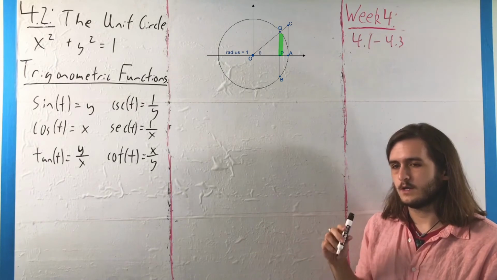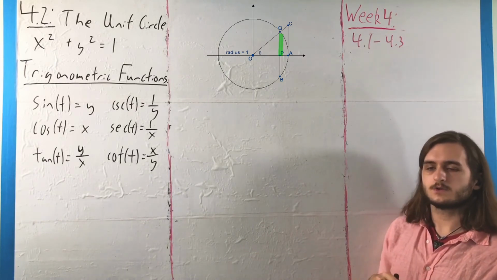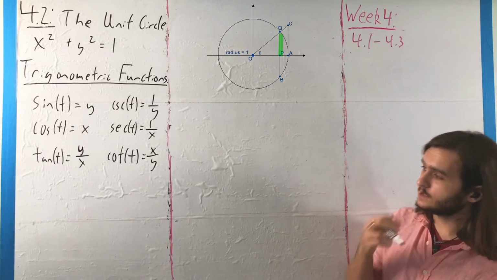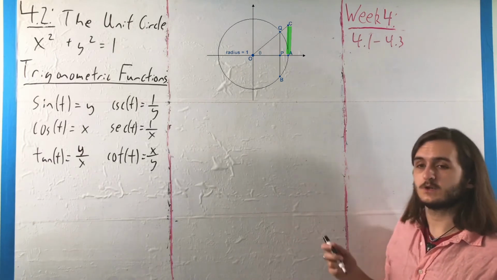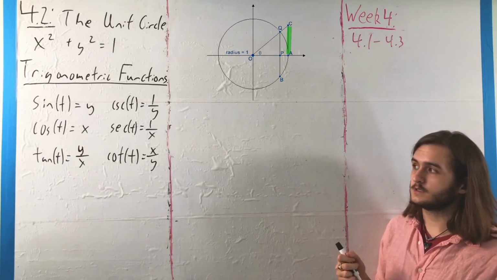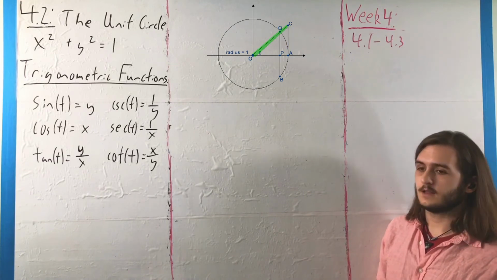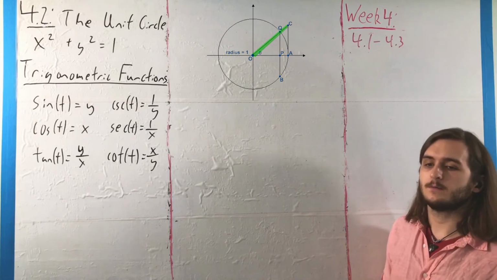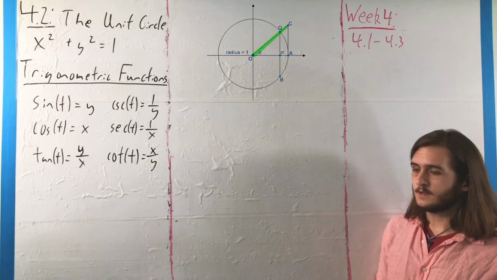Remember, a chord is a line that goes from one point on the circle to another that usually isn't a diameter. Meanwhile, tangent acts like a tangent line to the circle, thinking in terms of those components, while secant acts like a secant line through the circle. Secant meaning cutting, going from the origin through to the outside and a little beyond.